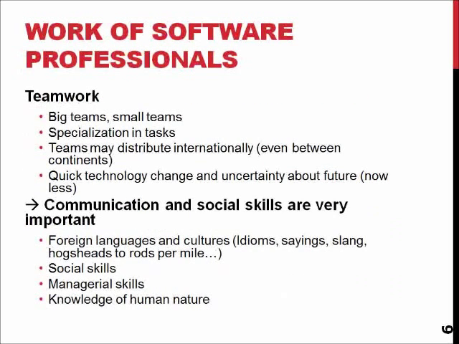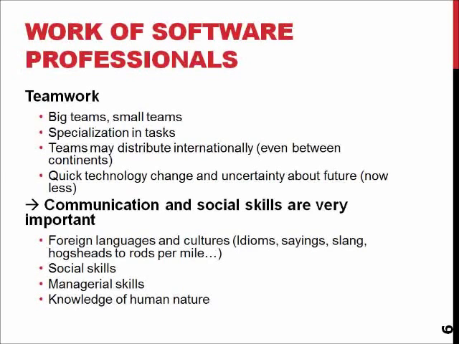Okay, so on the other hand, since we have already long passed the point where one software developer could do everything on a product themselves, we have to consider what is actually the work of a software professional nowadays. Of course, it's teamwork. We have to have people communicating to each other.